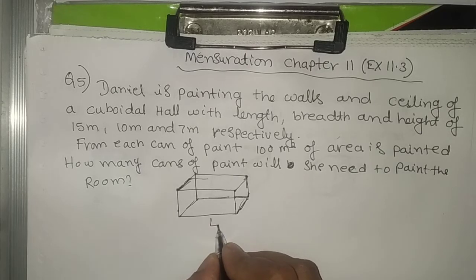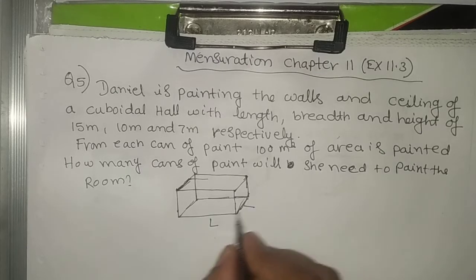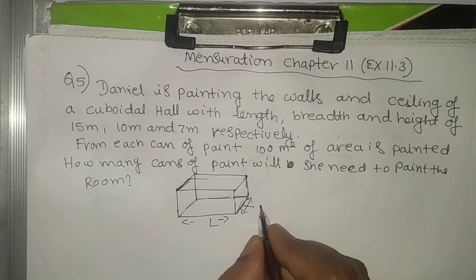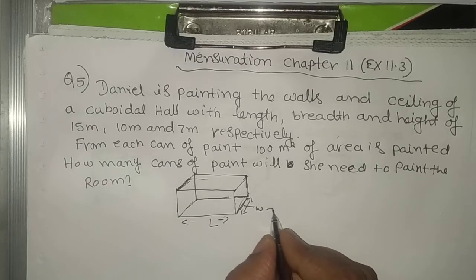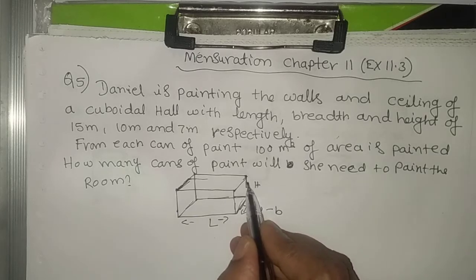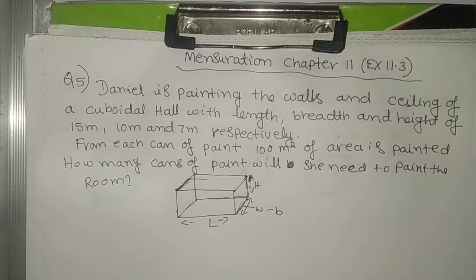This one will be the length, this is the width, or we can also name it as breadth, and this one is the height. So this is a cuboid.